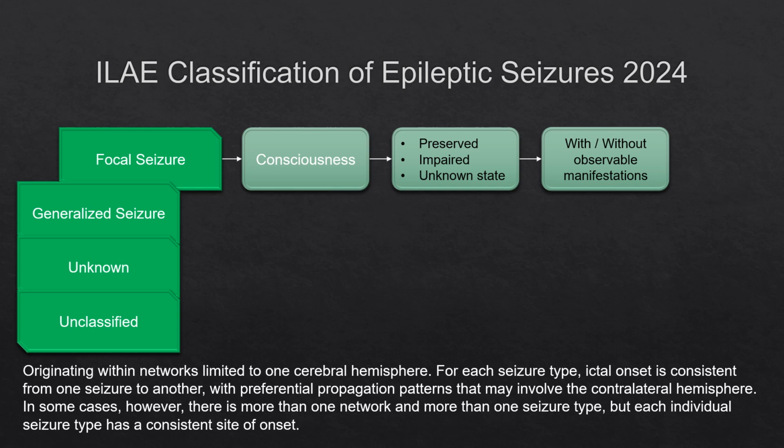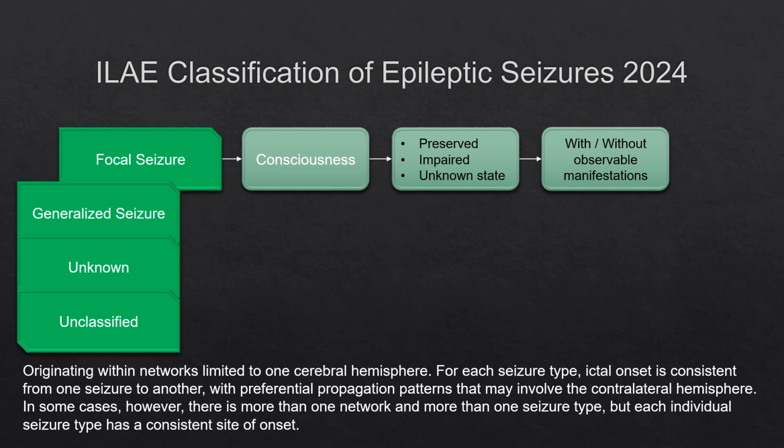In all 3 episodes, the seizure used to start from the left hand itself, and if not treated, within 2 to 3 minutes the seizure used to progress from the left hand to the right hand and later on to the whole body. So for each seizure type, the ictal onset is consistent from one seizure to another. Each seizure episode started from the same site, indicating preferential limitation to one cerebral hemisphere. So that is the definition of focal seizure.